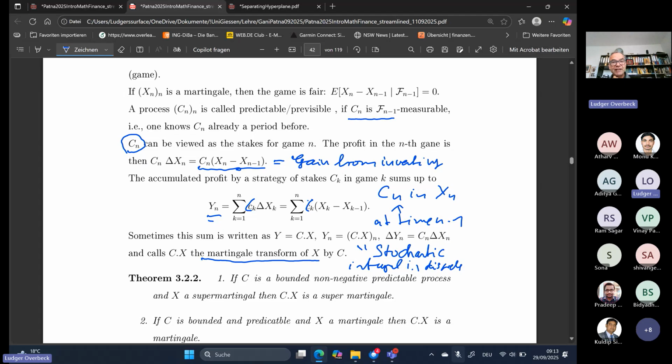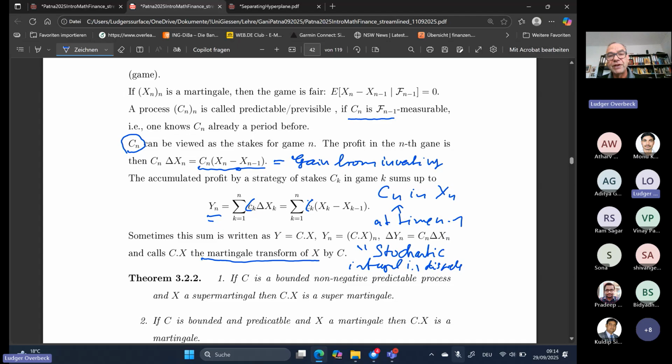This comes from the fact that the value of a self-financing trading strategy, which we will define later, is always a martingale. That's why you have to discount it and so on. But basically, if you start with a martingale, then you get a martingale.